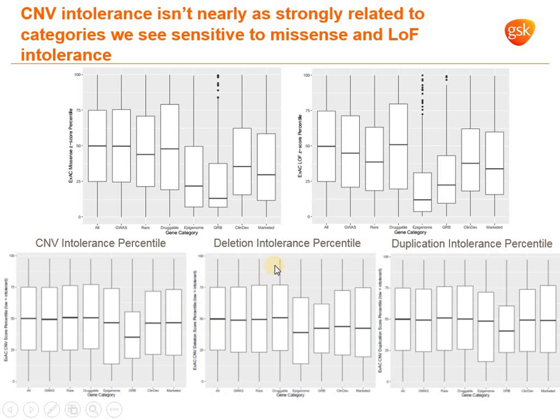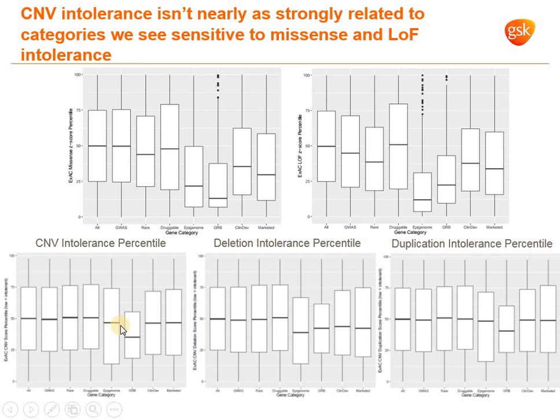When you break it out by deletion versus duplication, we actually see somewhat stronger patterns for, I would say, the intolerance to deletion overall, but again, it's not so strong. My interpretation of this is it's probably a couple of different things.